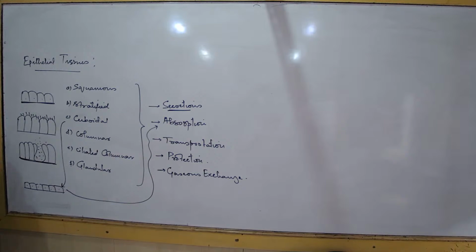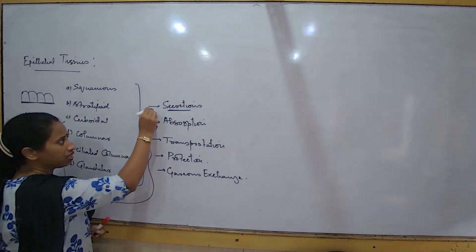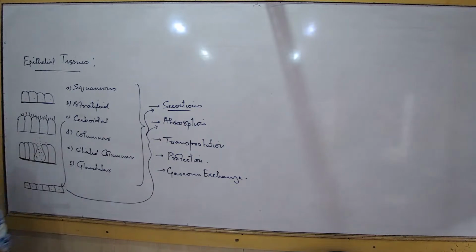Absorption function. Salivary glands: what does the salivary gland do? The salivary gland is releasing the saliva. Can we say secretion function? Yes, the salivary gland is constantly releasing the saliva. So what type of function will the cuboidal basically have? The cuboidal will have either absorption or secretion function. 2 locations.